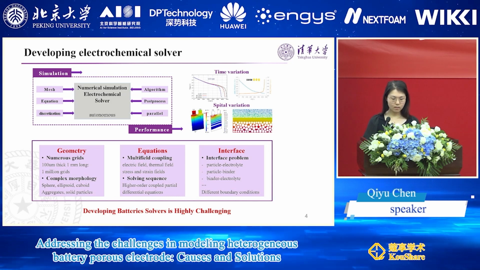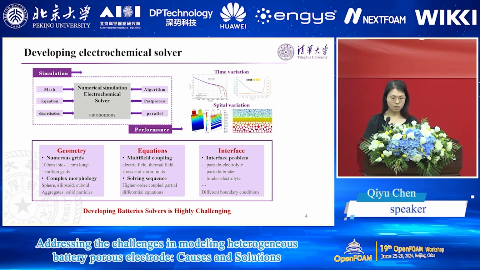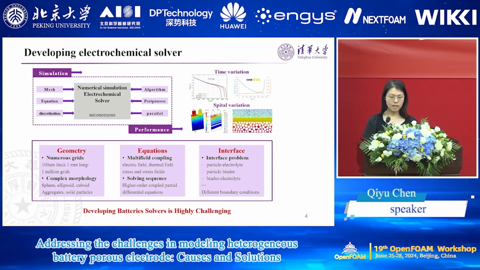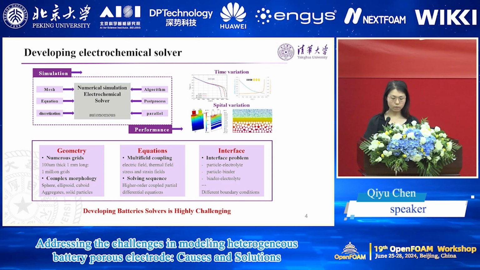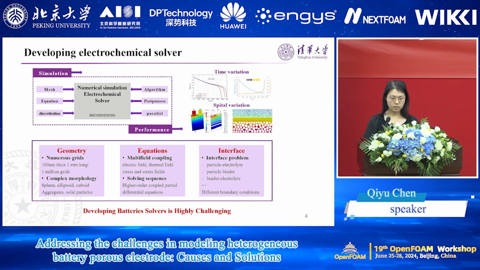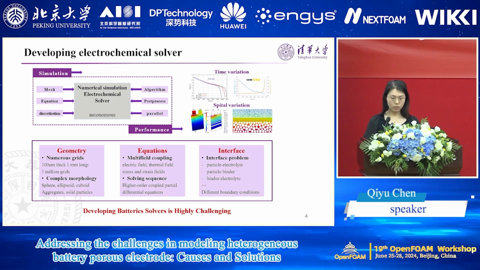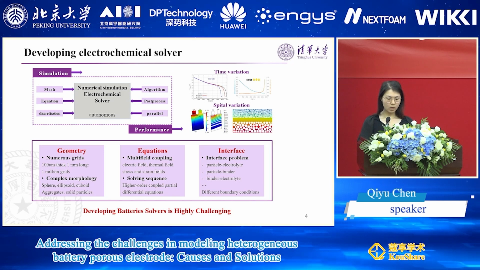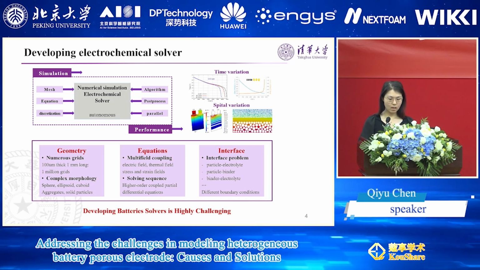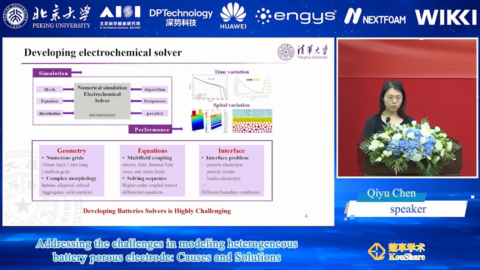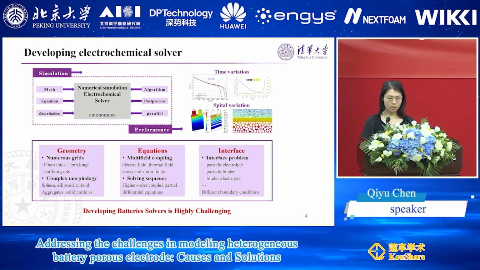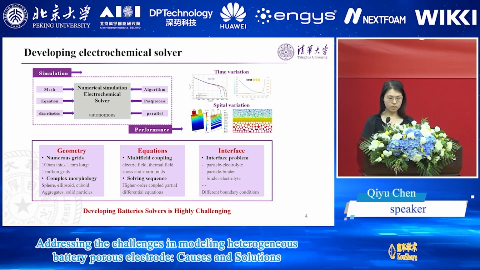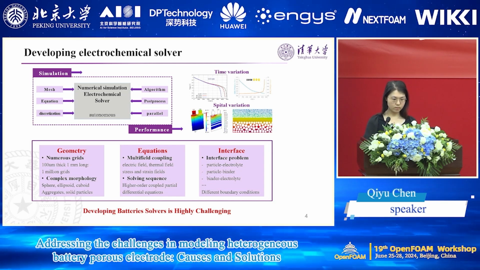On the other hand, this set of equations has the characteristic of multi-physics field coupling, such as electrochemical field, thermal field, stress field, and flow, and more, in the form of high-order partial differential equations. Moreover, reasonable boundary conditions are needed for numerical solution. There are a lot of interfaces in the model, and different interfaces have different boundary conditions.